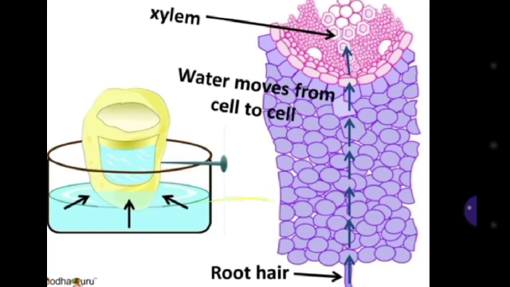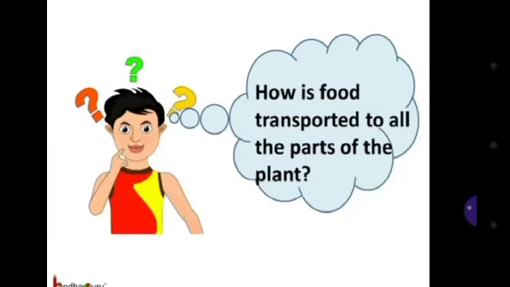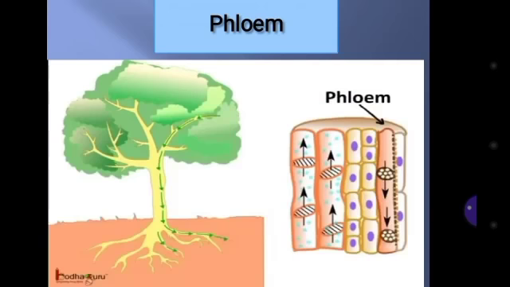Now the question is, how is food transported to all parts of the plant? Well, the food prepared by the leaves is carried to all the parts of the plant through a pipeline made of special tissue called phloem.